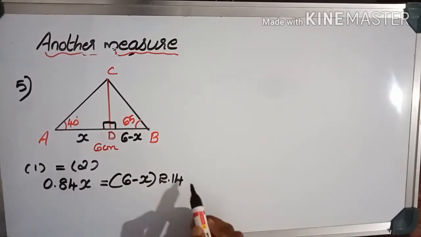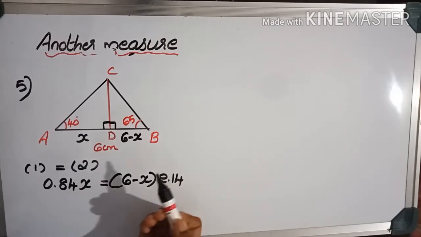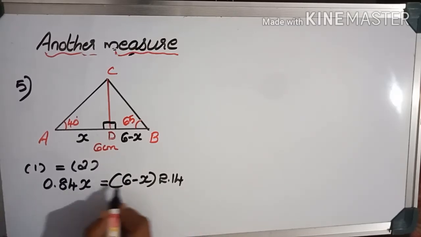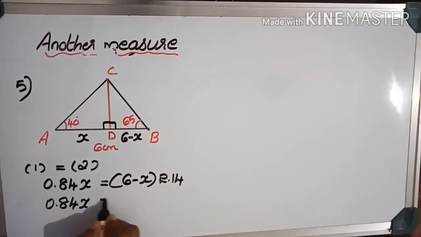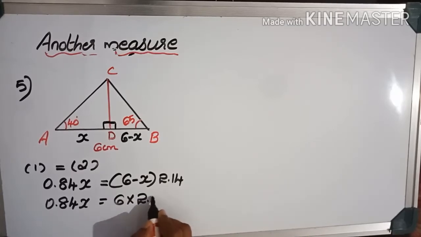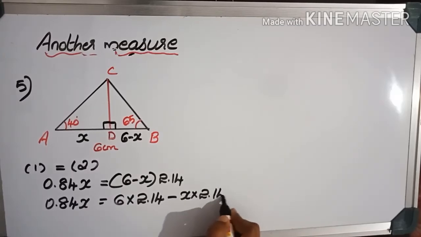Now we are going to simplify this. By simplifying this, we can find x. 0.84x equal to, open the bracket, that is 6 into 2.14 minus x into 2.14.